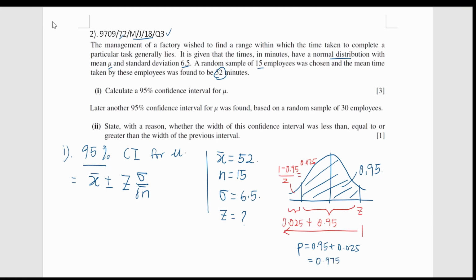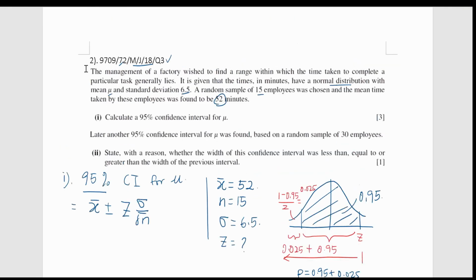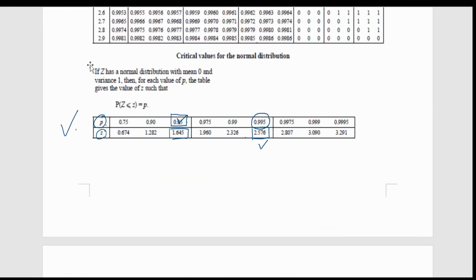So in order for you to get a 95% confidence interval, the z-score value has to be referring to the probability 0.975. Okay, so I'm going to scroll up to refer back to the table we have just now. Now again, if we get to see the value from here, 0.975, yes.